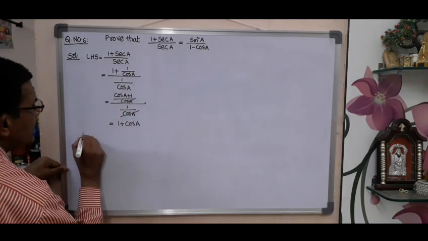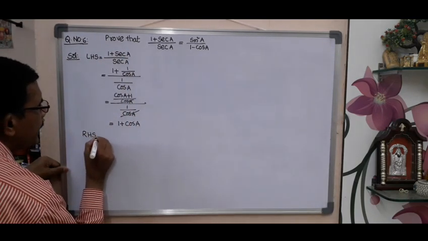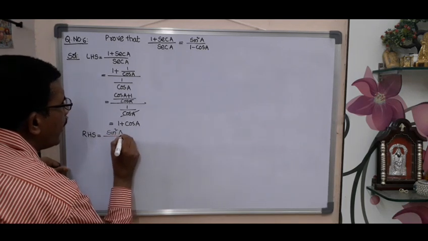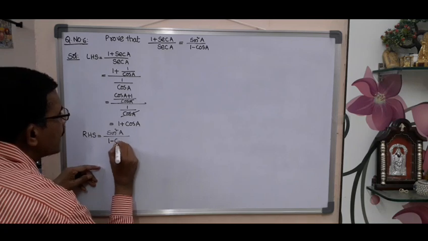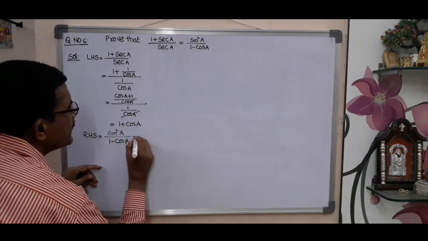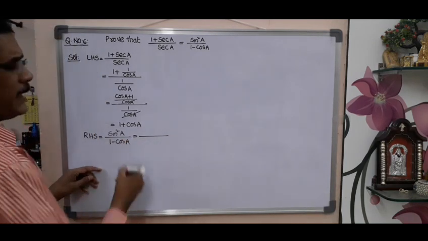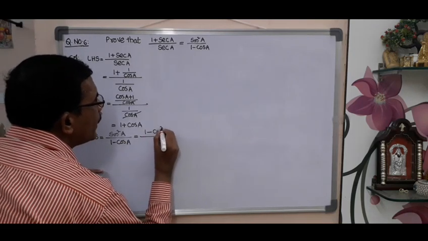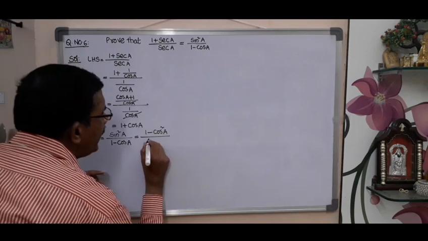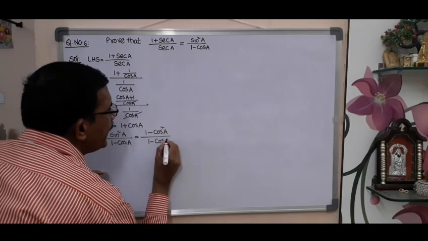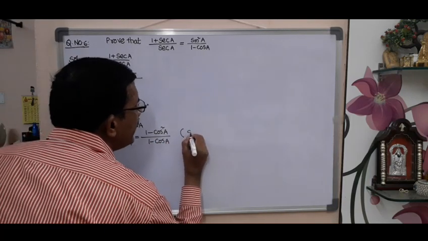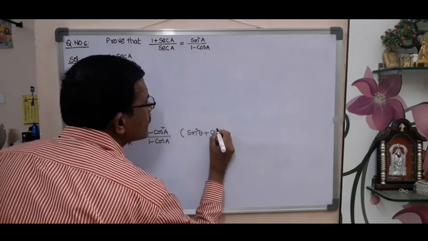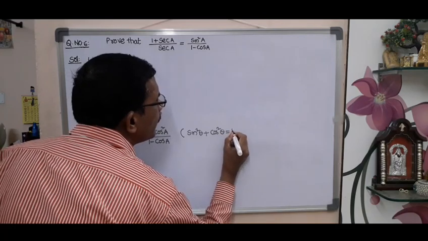Now taking RHS, that is sin square A by 1 minus cos A. Sin square A, from identity 1, can be written as 1 minus cos square A by 1 minus cos A. It is from identity 1, that is sin square theta plus cos square theta is equal to 1.